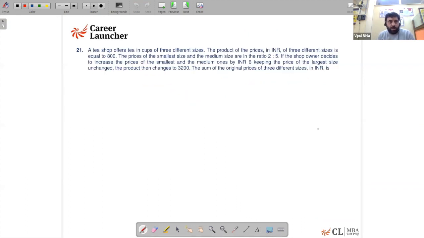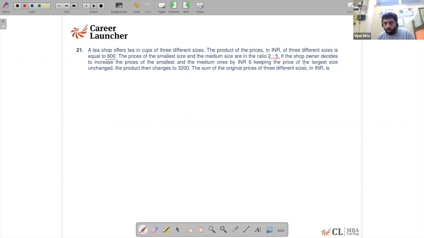Let's look at question number 21. It says a tea shop offers tea in cups of 3 different sizes. The product of the prices in INR of the 3 different sizes is equal to 800. The prices of the smallest size and the medium size are given in the ratio 2:5.